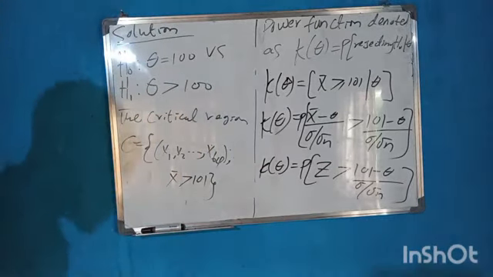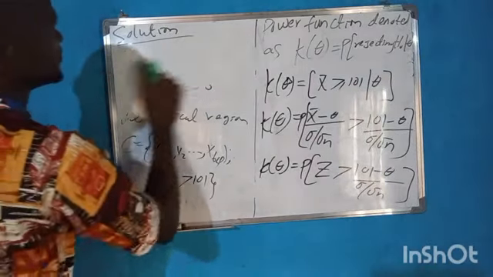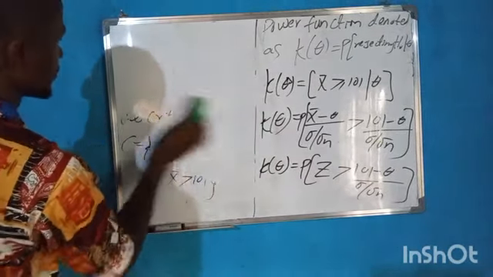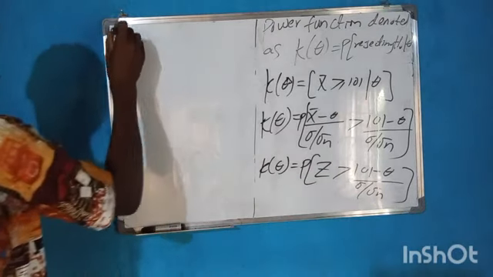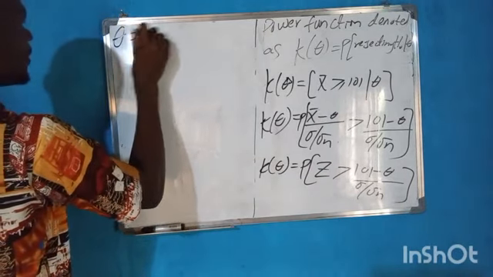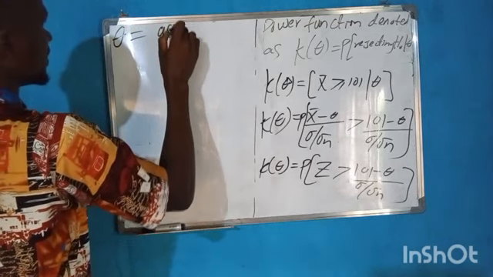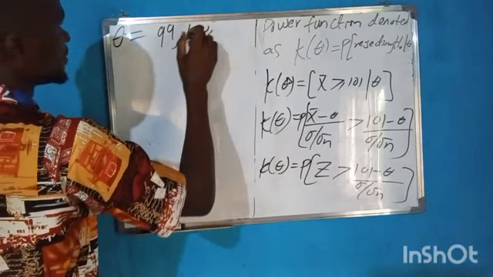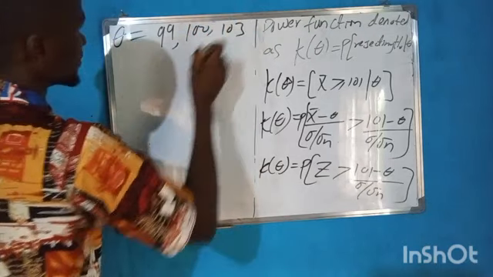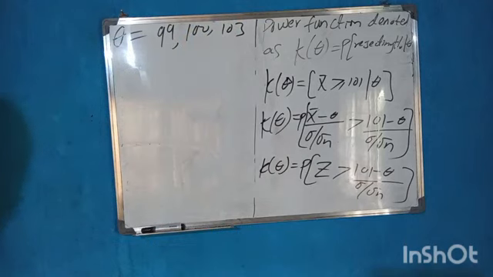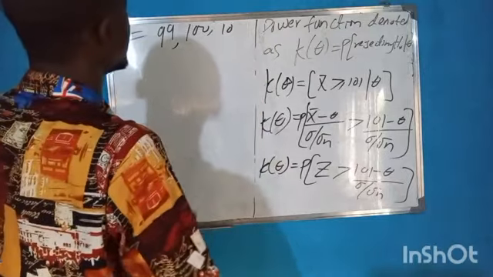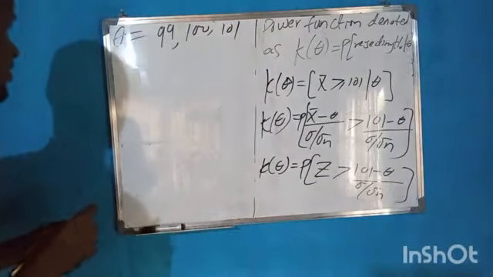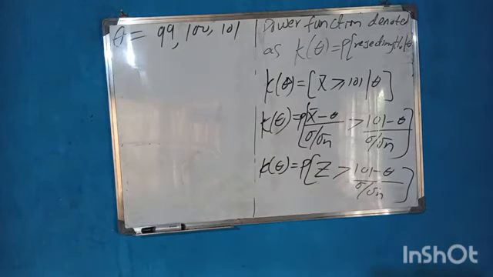So in the question we have theta equal to 99, 100, and 101.